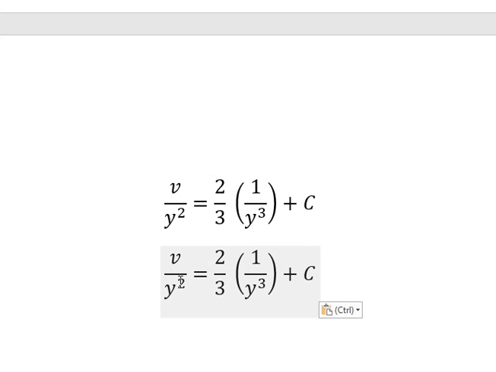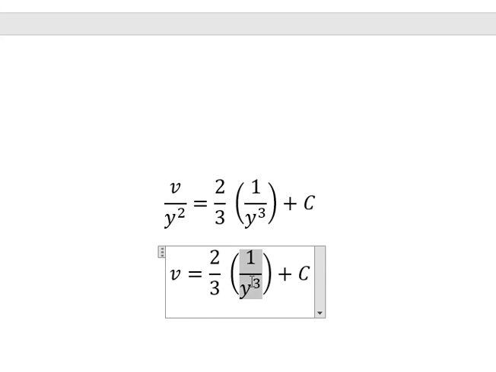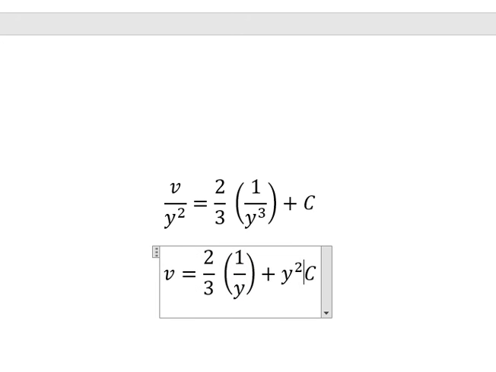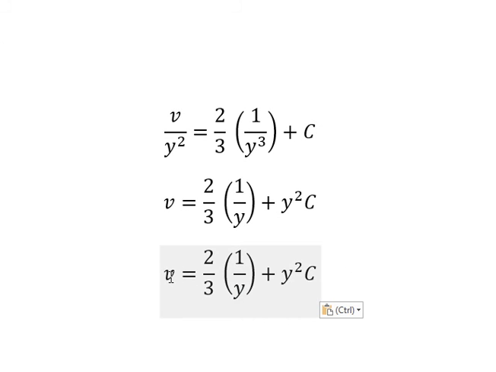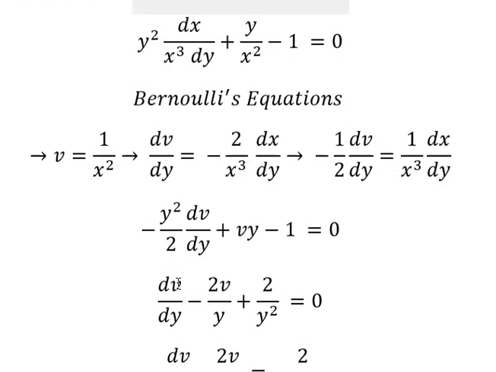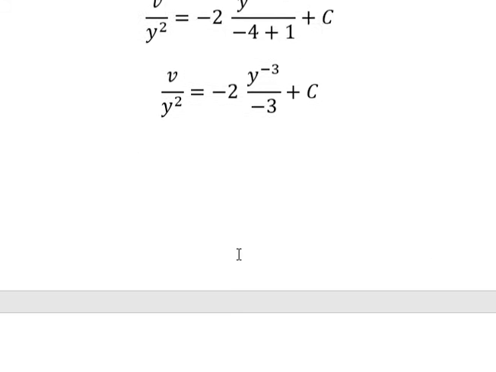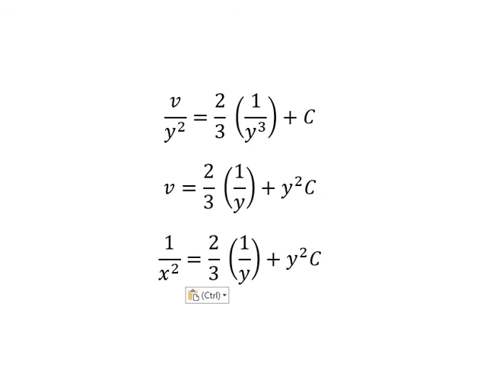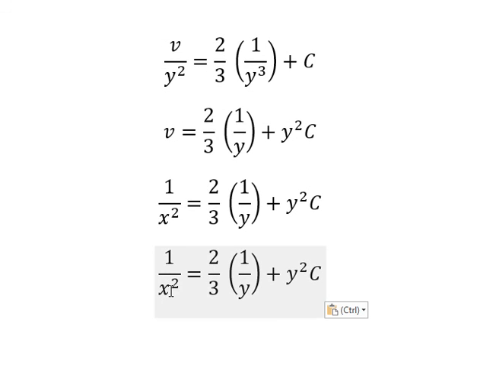So we multiply both sides by y squared. About v, that is this one. Next, I will put y squared to the right, this one to the left.